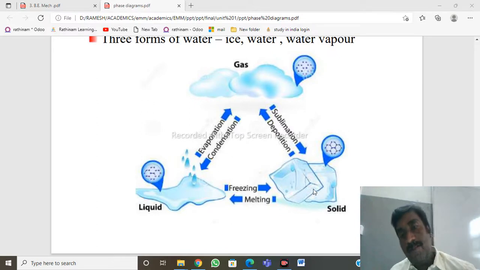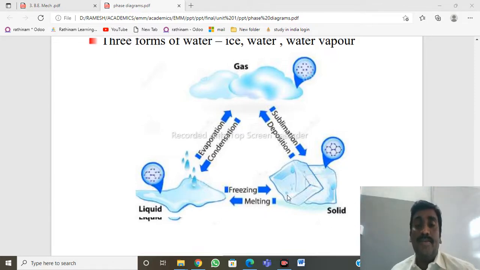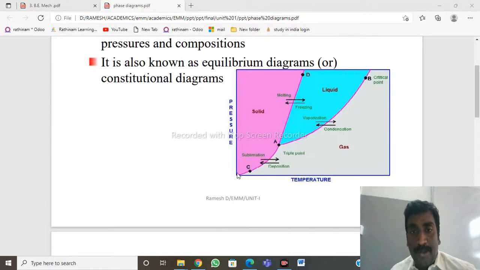If you are increasing the pressure to around 40 bar, then we get the liquid at around 5 to 6 degrees itself. So if we increase the pressure, we can reduce the temperature and still have a phase change process. Increasing the pressure makes a phase change process. At the same time, increasing the temperature will also lead to a phase change process.